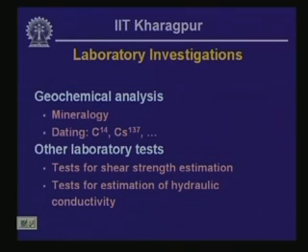Okay. Then the other activity that goes before a geologic map could be prepared is laboratory study. In laboratory study, typically geochemical analyses are carried out, in which we try to identify the mineralogy of different geologic units. These actually allow us to correlate two different outcrops at two different locations to each other.